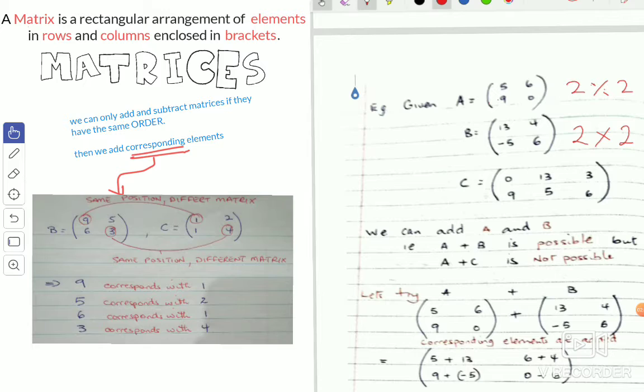So let's move on to C. When we look at the matrix C, however, we observe that it has 2 rows, but 3 columns. So the matrix C is a 2 by 3.